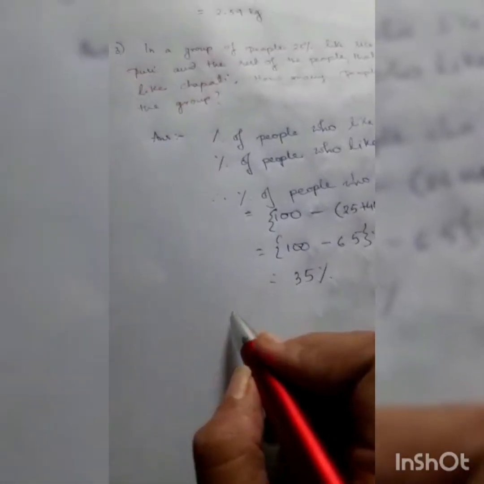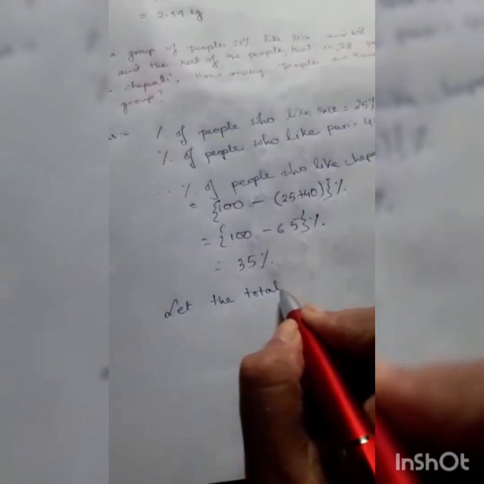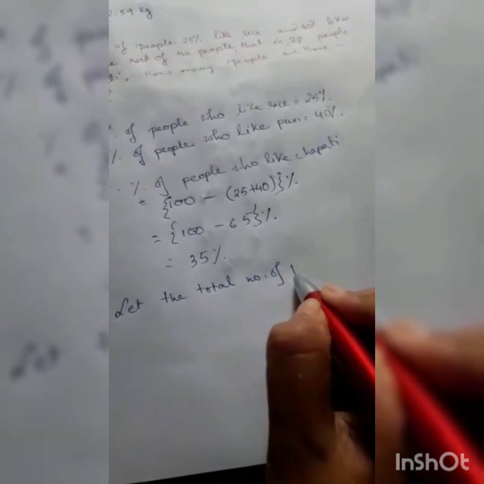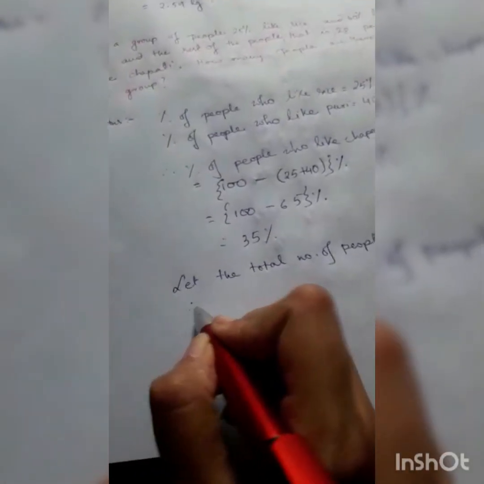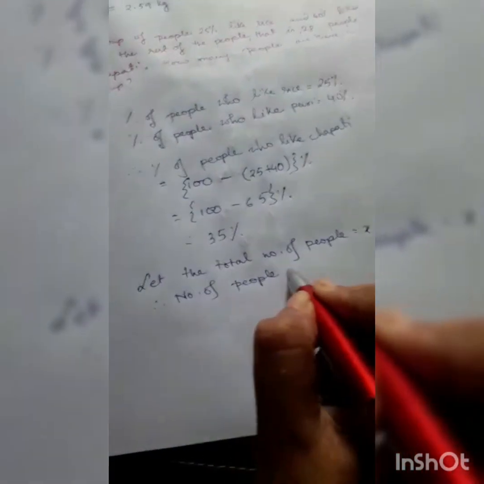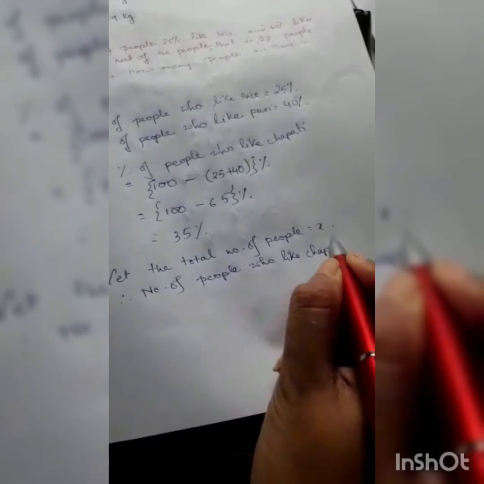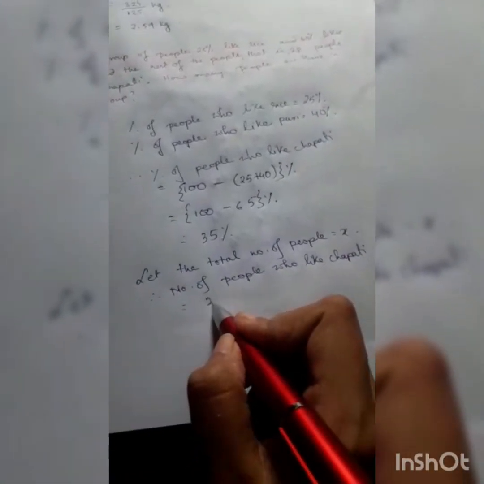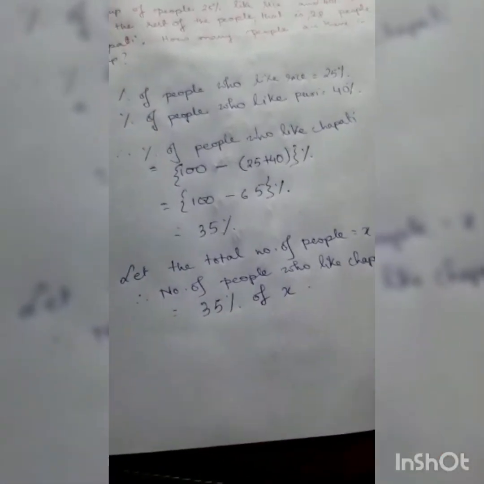Now, let the total number of people equal x. Therefore, the number of people who like chapati equals 35% of the total people, 35% of x.